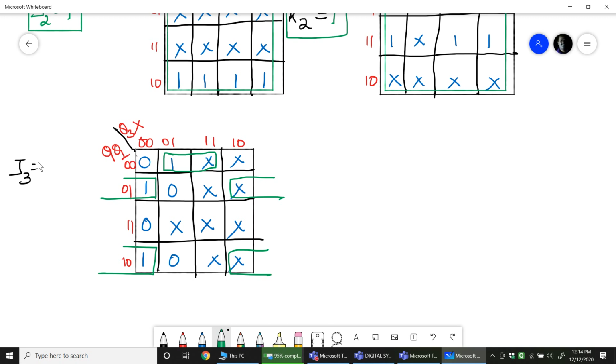When I grouped, I got Q1 bar, Q2 bar, and Q3 will be eliminated, so I'll get X plus these two. When I have grouped, I got Q1 bar, Q2, X bar, Q3 will again be eliminated, plus these two. When I have grouped, I got Q1, Q2 bar, and again X bar. So this is the expression for J3.